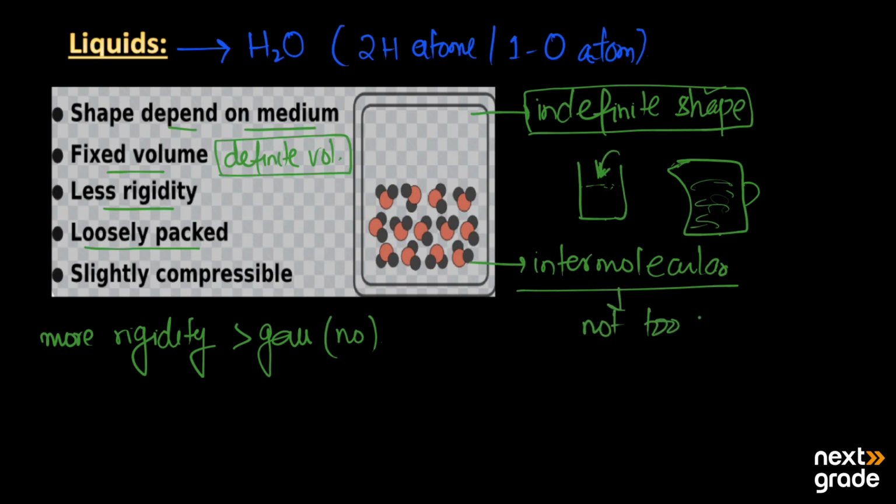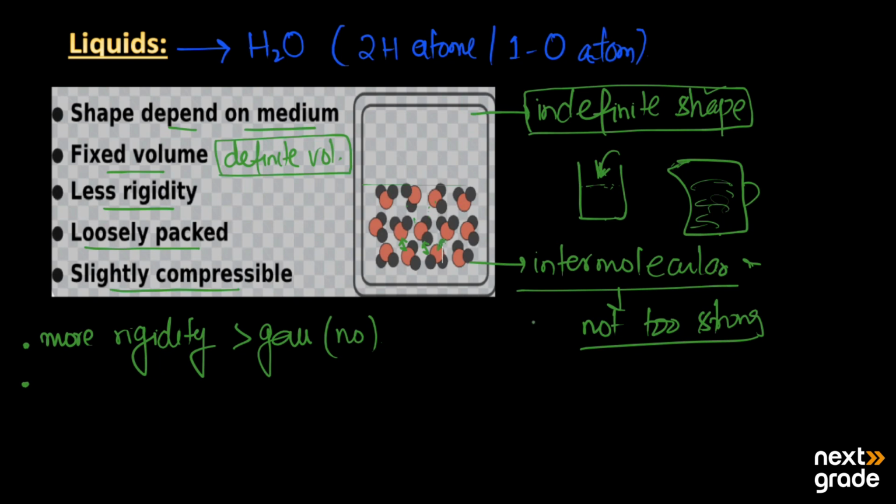They are strong enough to hold the particles together. They are slightly compressible, not incompressible, because they have small spaces between themselves. When we apply pressure, to some extent they are compressed, but we cannot say that they are highly compressible. Gases are highly compressible, having large distances between them.